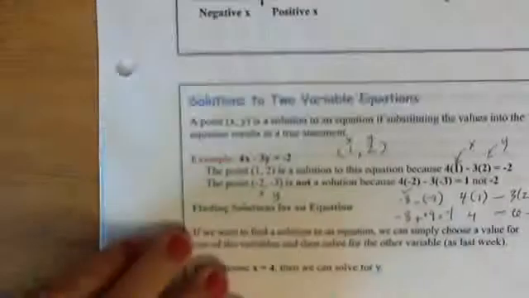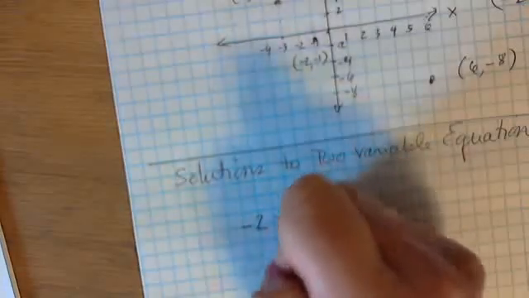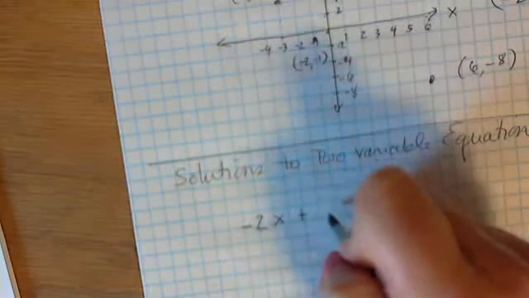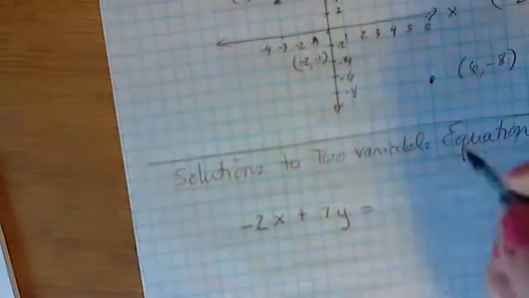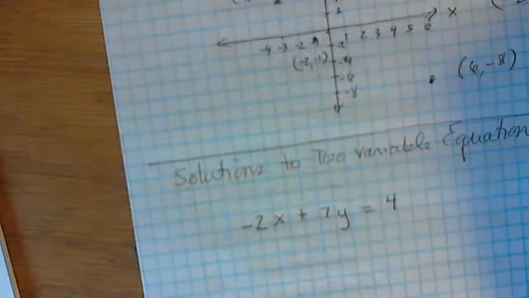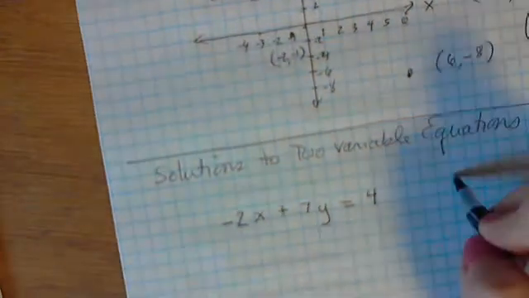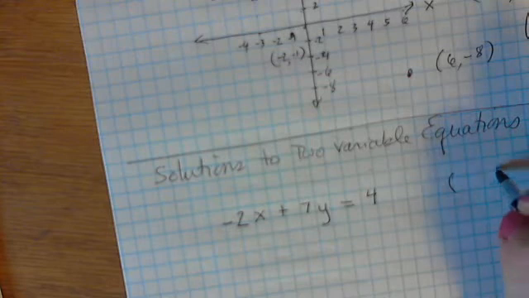Now I want you to try one on your own. I'm going to give you an equation. Let's do this one: negative 2x plus 7y equals 4. And I want you to test these two values.